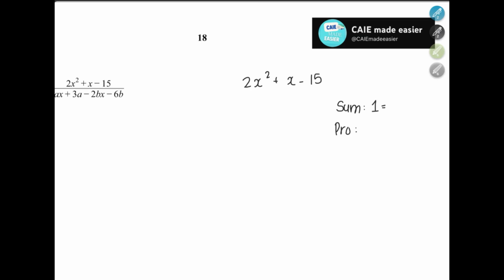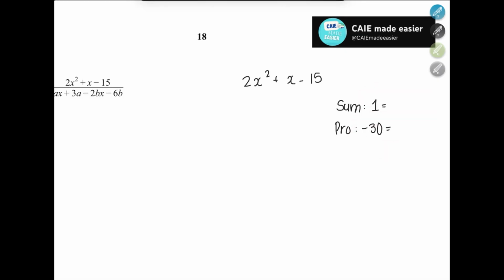We'll find the product of this number, negative 15 and 2. This is going to be negative 30. So you need to find two numbers. When you add them, you get 1, and when you multiply them, you get negative 30. That could be 6 times 5.